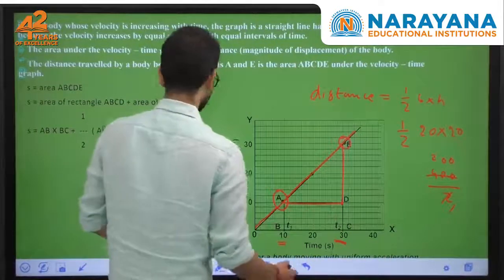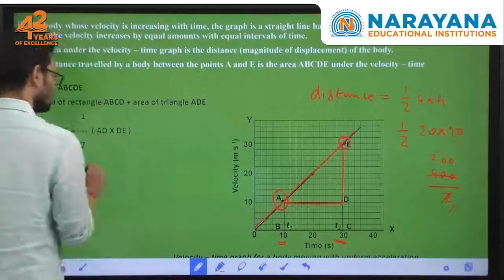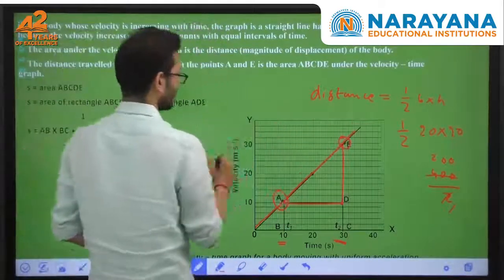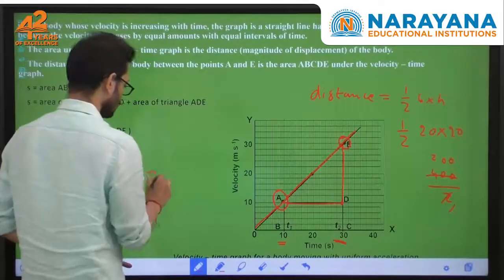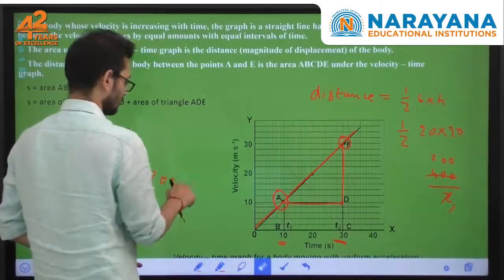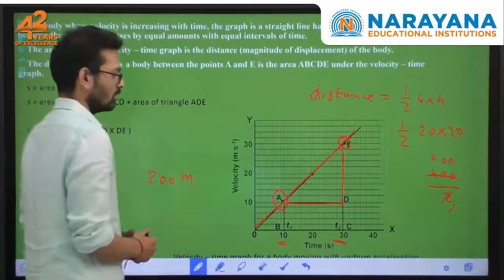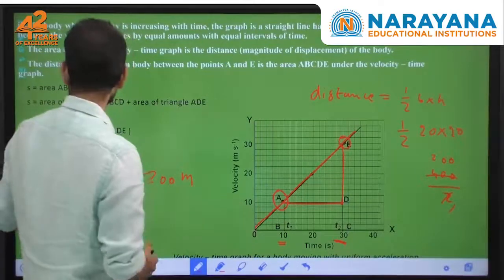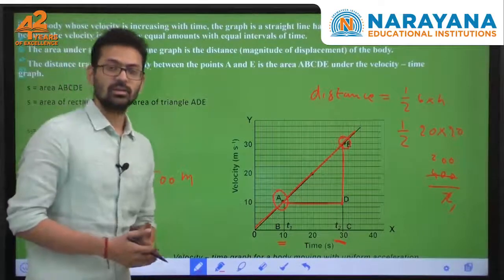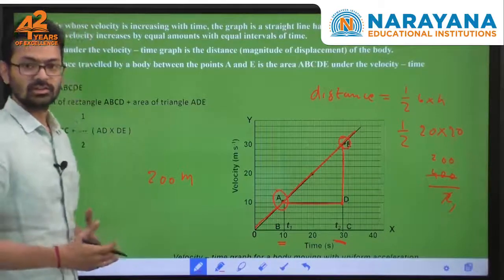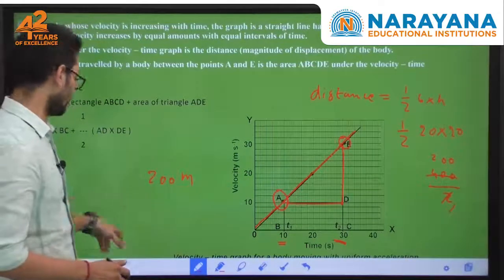So your distance is 200. The distance traveled by the object is 200 meters. Okay, so this is how you solve it. You can get this distance by using this formula, by finding the area.